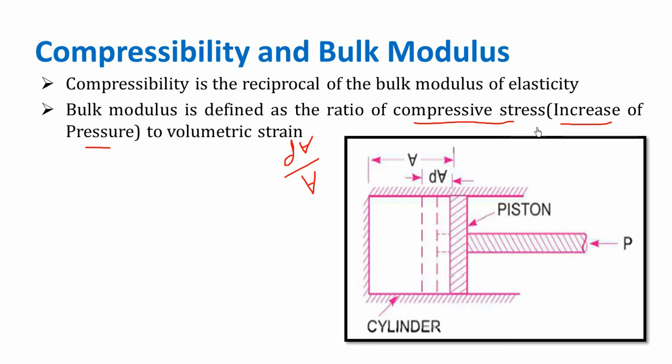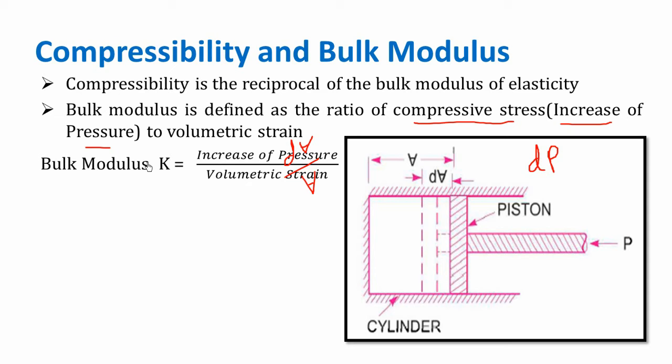Compressive stress means the increase of pressure, so we will write increase of pressure as dP. So we will write bulk modulus equal to increase of pressure by volumetric strain. Bulk modulus is given as K. Here we will consider a piston with a cylinder.